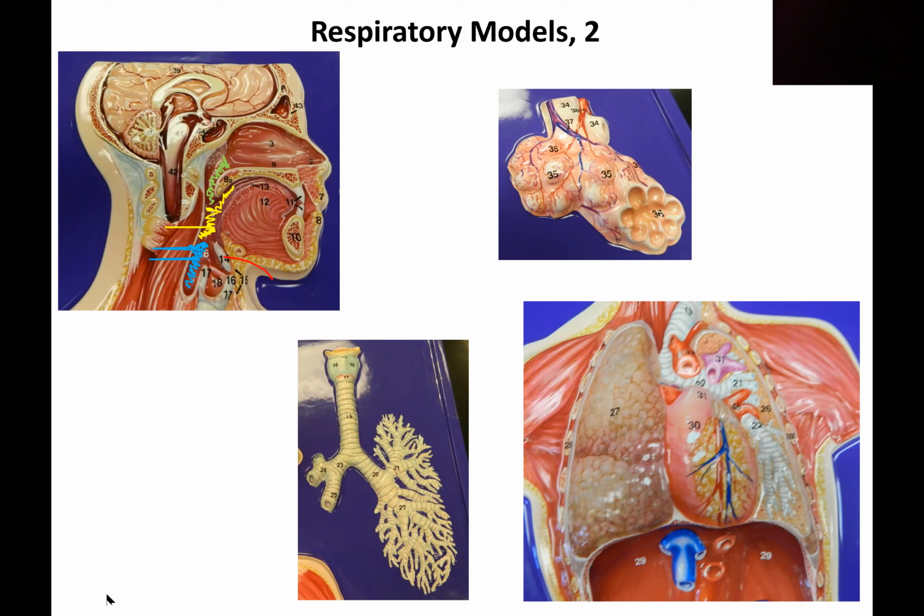You can kind of see the thyroid and cricoid cartilages, but I wouldn't do them there.